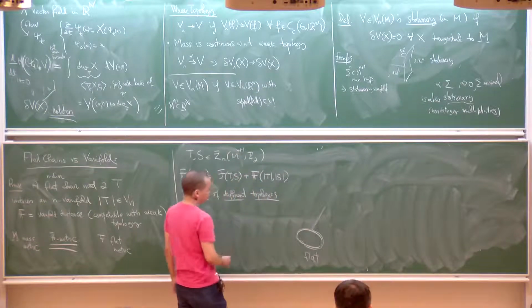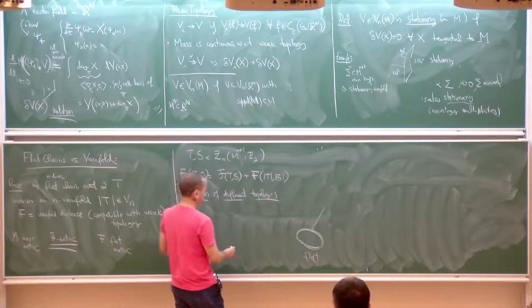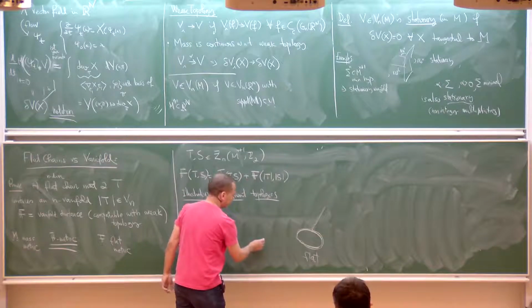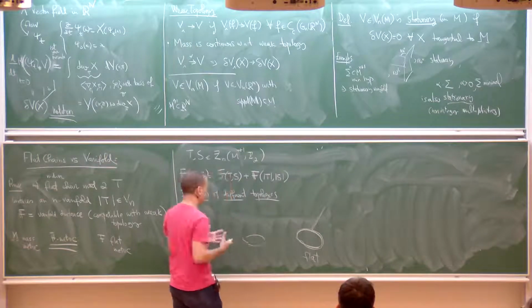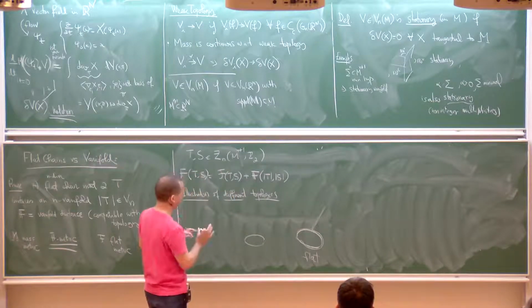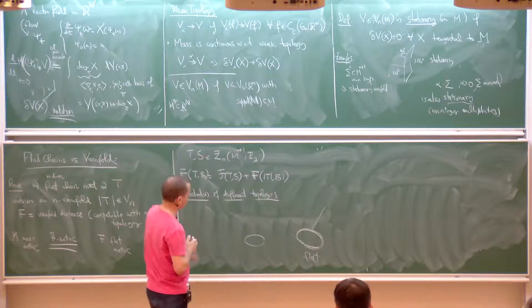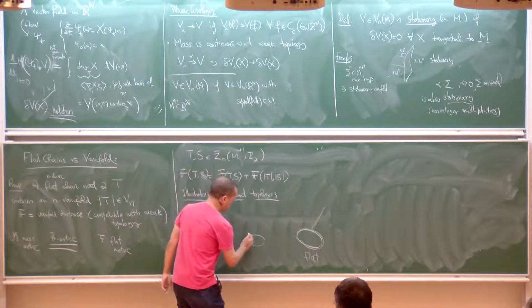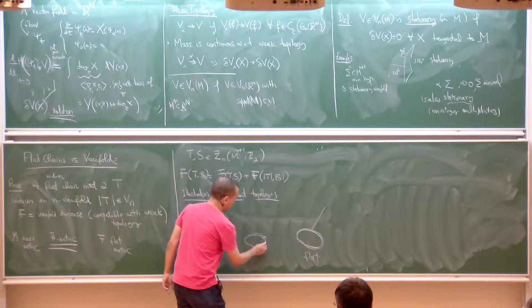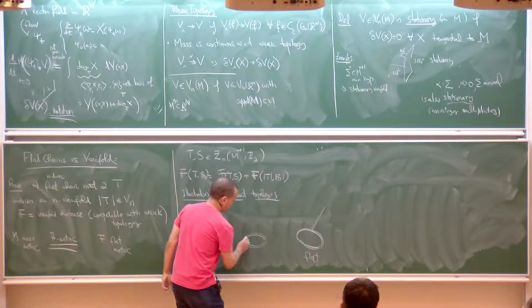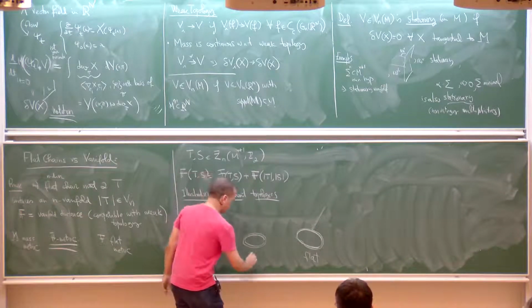For two cycles to be close in the F metric, they have to be close in the flat distance, but they also have to be somehow close as varifolds. And notice that varifolds somehow keep track of the tangent spaces. So the intuition is that maybe two cycles like this are close in the F metric.